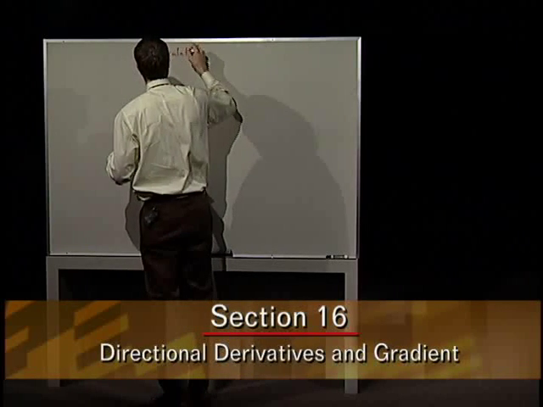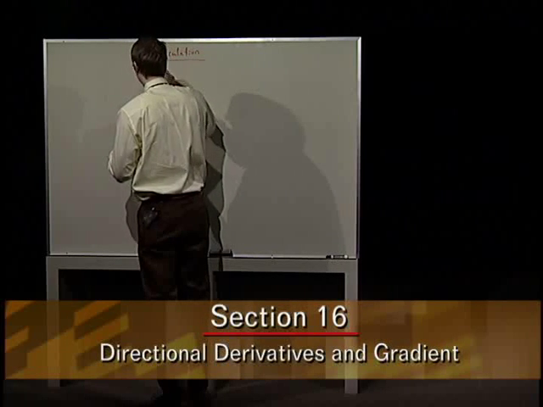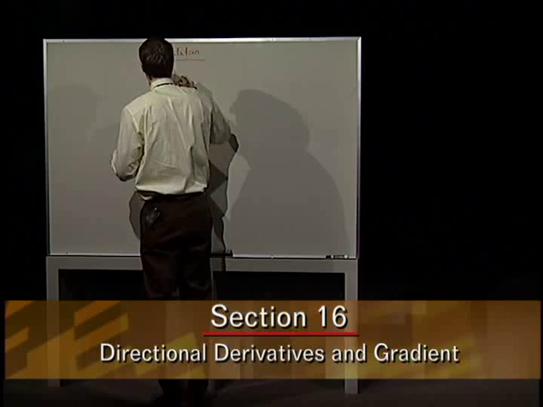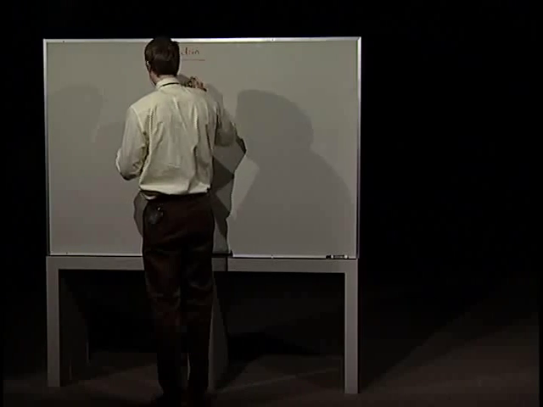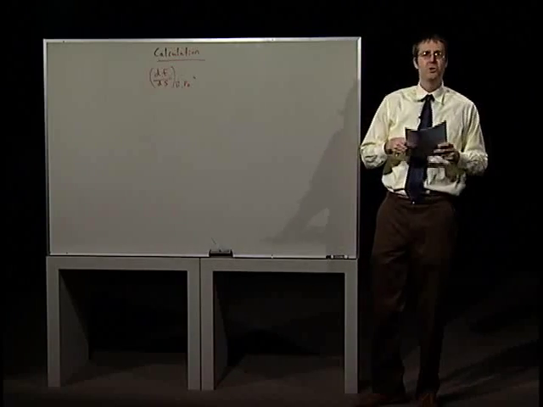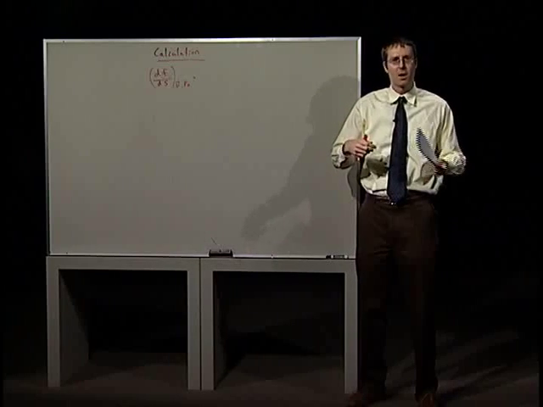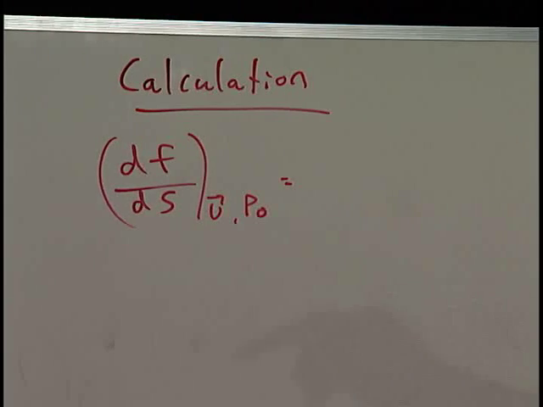Calculation. So we started off with df/ds at u, P naught. And we can use the chain rule on this because f is a function of x and y, which are both functions of the arc length, because arc length changes as we move along different points.